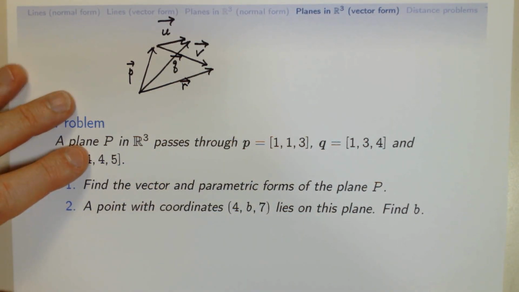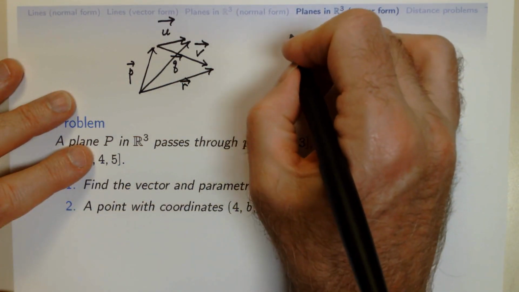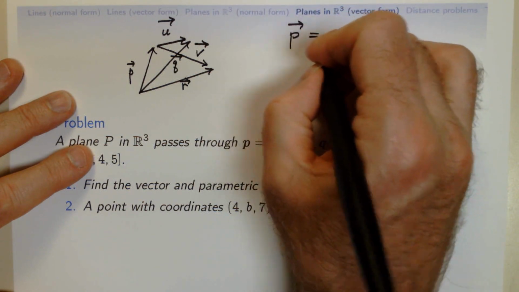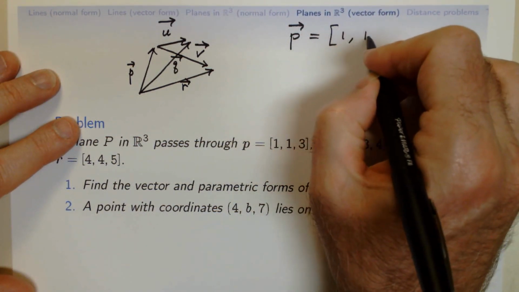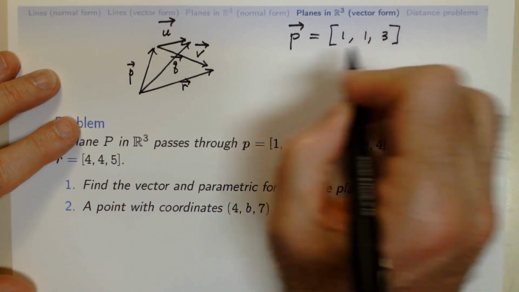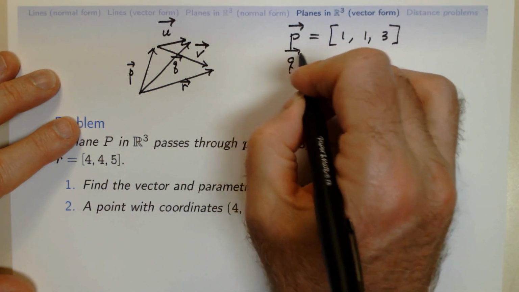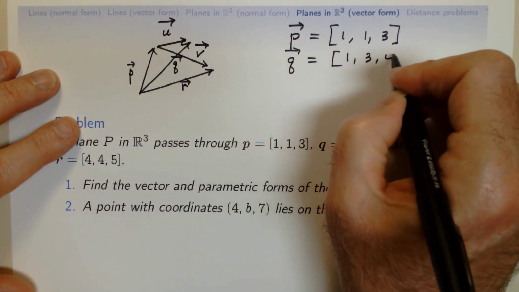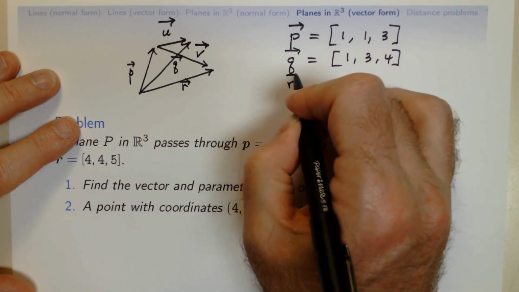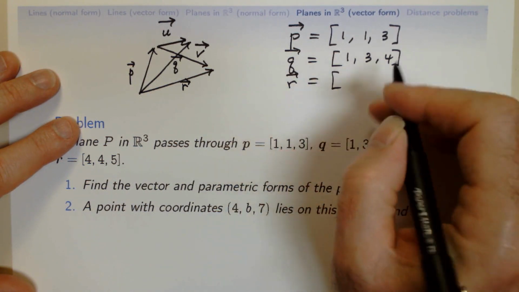All right, so let's get our ducks in a row. I'll stack these on top of each other. That'll help us do these calculations a little more easily. So I'll use P, Q, and R. I'll keep them stacked like this.